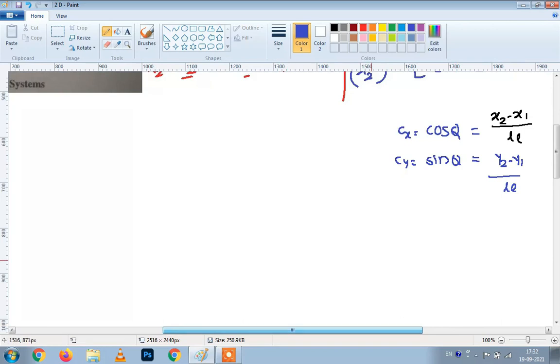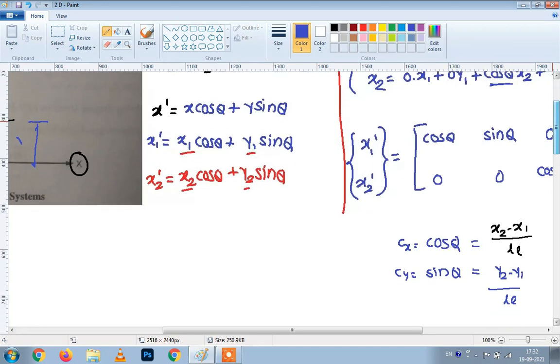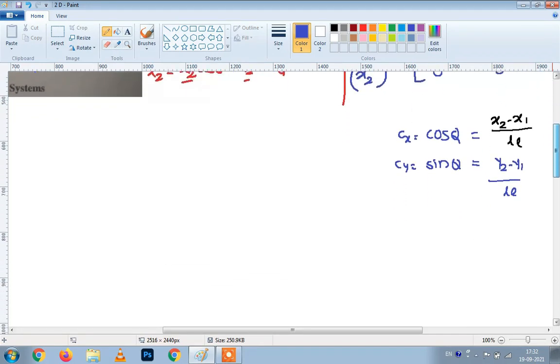Now, considering this and putting the value of Cx equal to cos theta, instead of cos theta we will write Cx, and instead of sin theta we will write Cy.